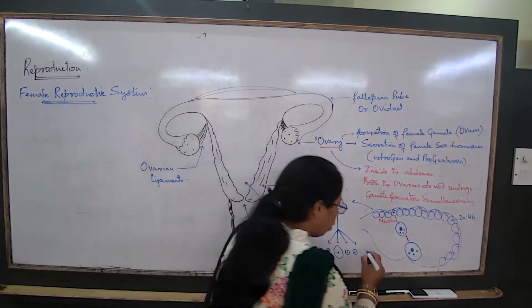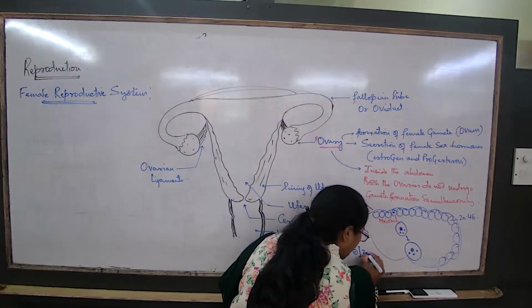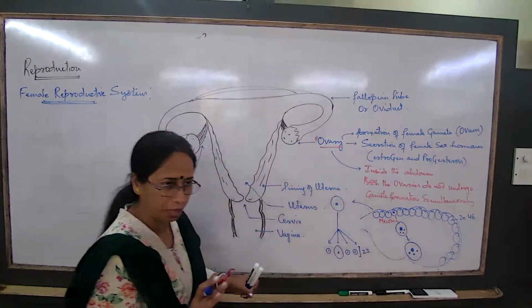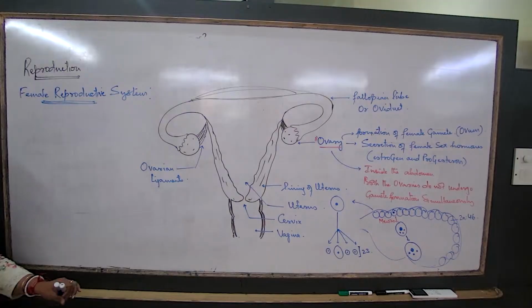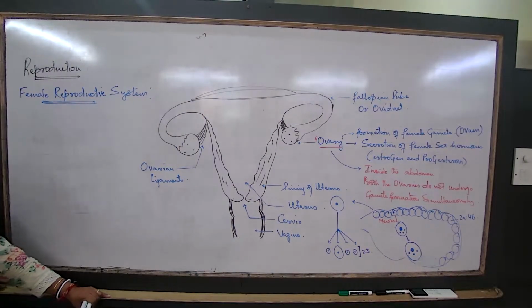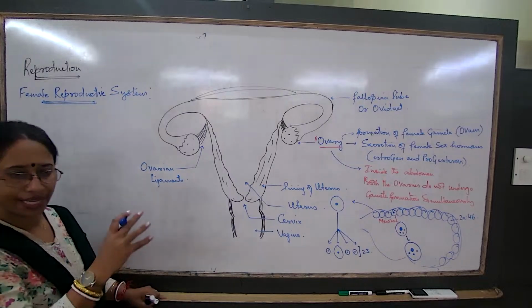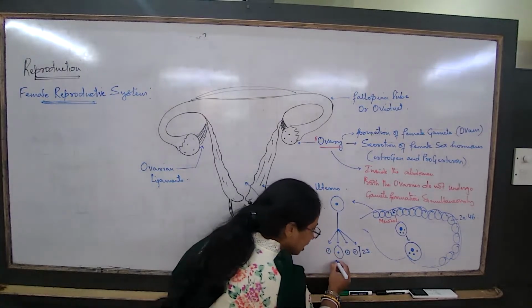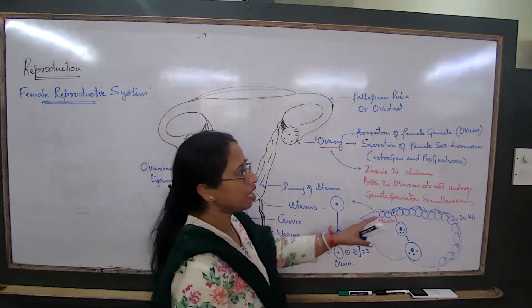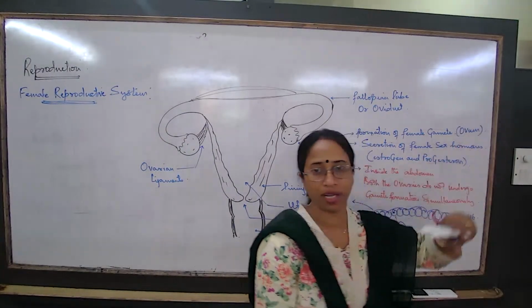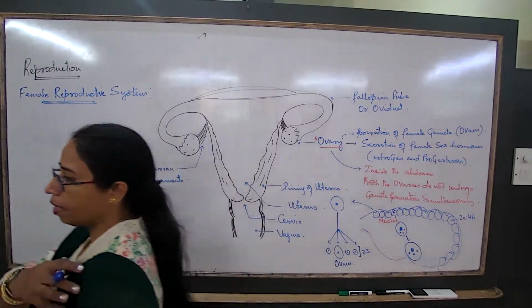So how many chromosomes do all the cells have? Same 23. But do they have the same amount of cytoplasm? No, the cytoplasm is concentrated in 1 cell. And this big cell with the maximum amount of cytoplasm is known as the ovum, which is the female gamete.